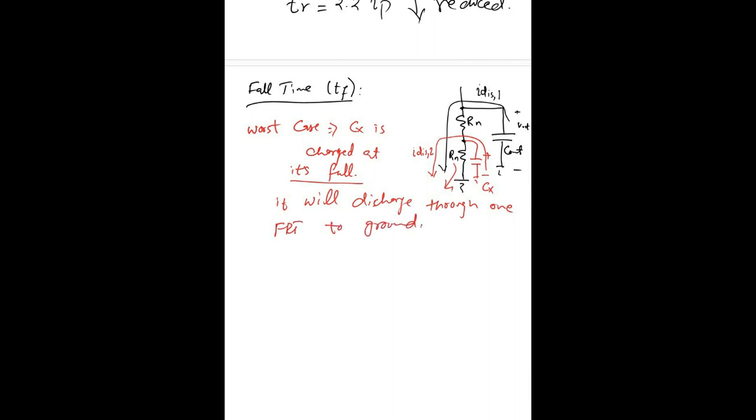Like this capacitor, Cx, will discharge from this Rn node here. So we can also say that the current through the NFET is limited by the W/L ratio.